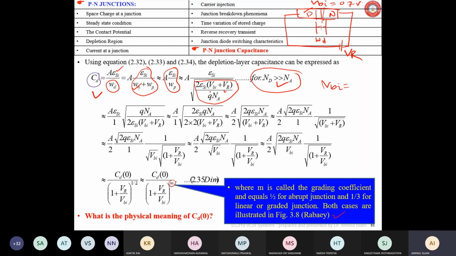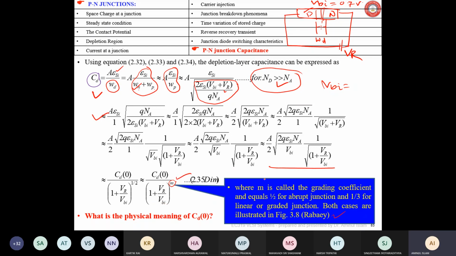Third semester you might have simulated with TCAD. If you have done, you could have seen that. So finally, after mathematical manipulation, we can write this expression. After this, we can express CD0 by 1 plus Vr by Vbi whole to the power half, where we have written M instead of half.